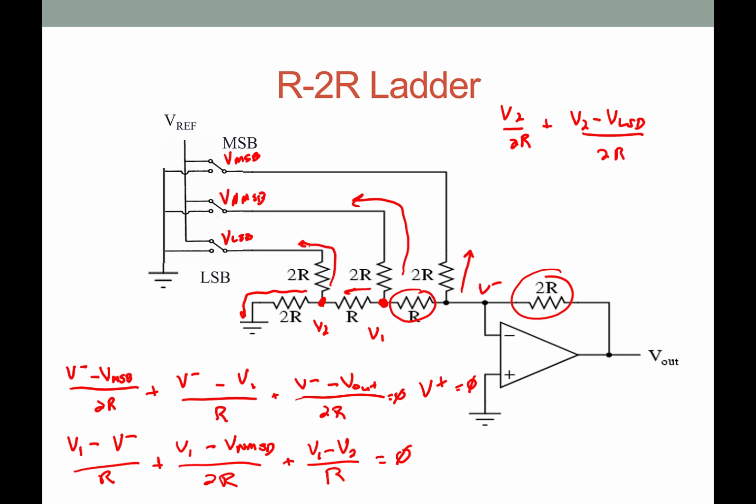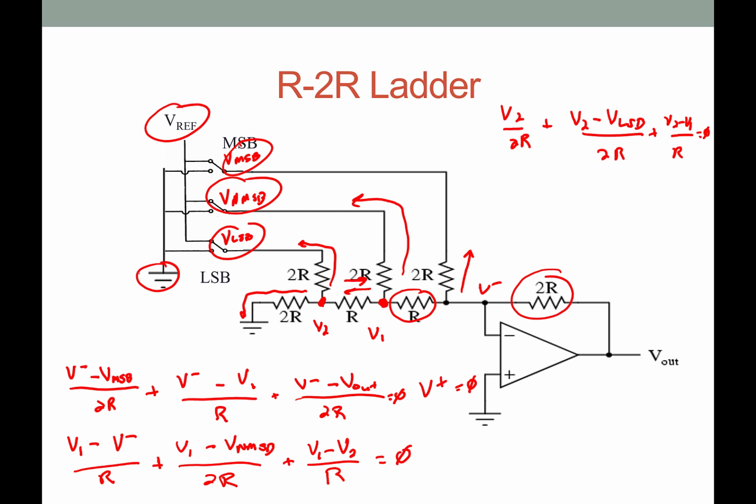That's the current going this way, and then of course the current going back across that way, that is V2 minus V1 over R, and that's equal to 0. So obviously the more bits you have, the more kinds of things that you're going to have right there. And notice that this VMSB, VNMSB, and VLSB are either, in this case, VREF or ground. So obviously it's a little trouble to solve this one.